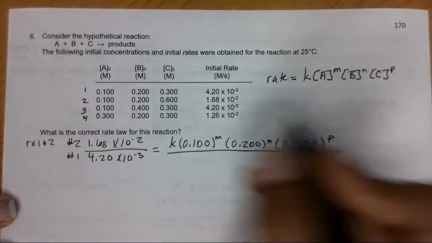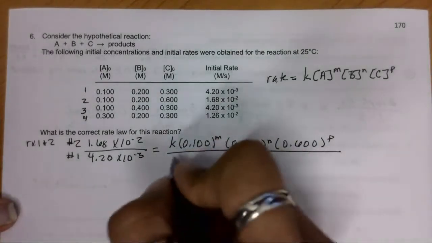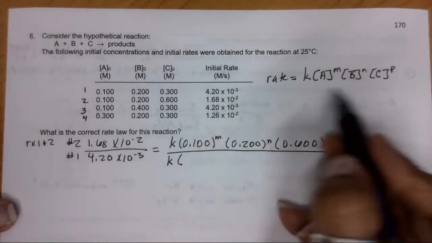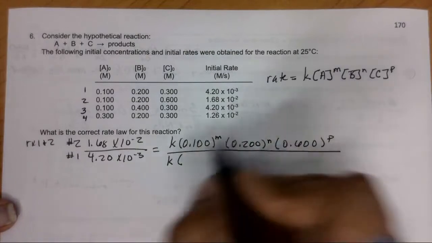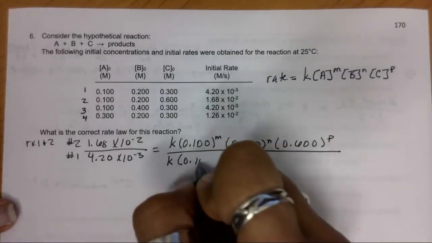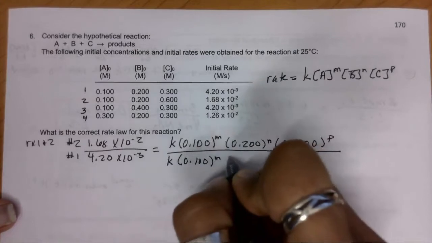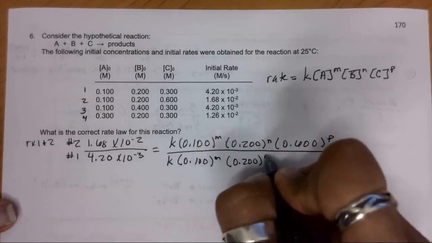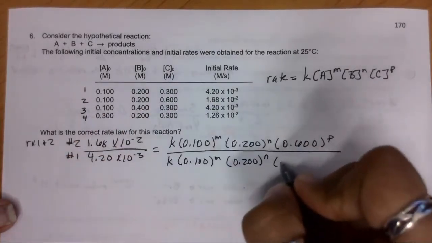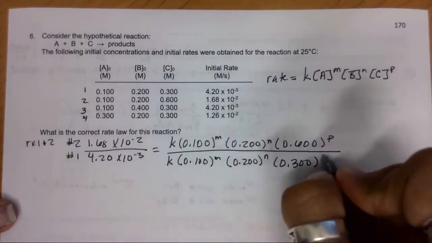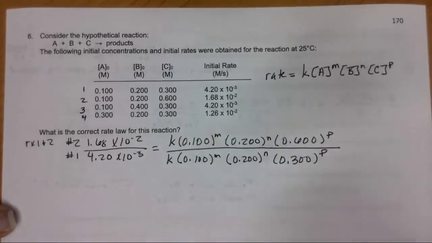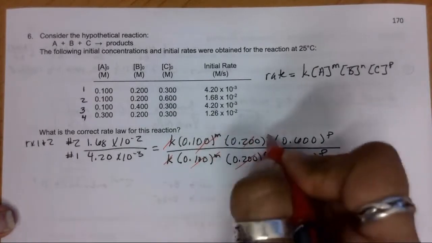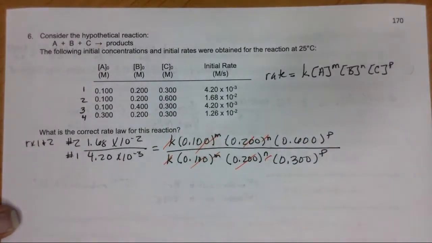Now I'm going to look at reaction 1. Reaction 1 is K, because I'm just following this. That's all I'm doing, I'm just filling in. So I've got 0.100 raised to the power of M times 0.200 raised to the power of N, and then 0.300 raised to the power of P. Now I can start canceling some things out, right? These are all the same, and so this is the only thing that's different.